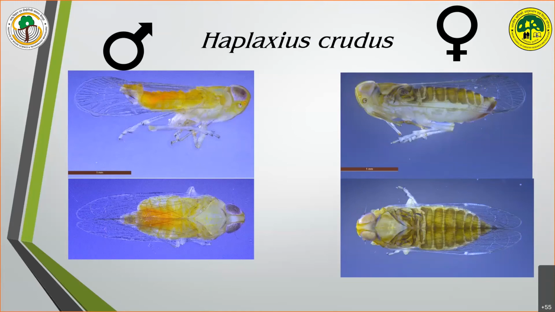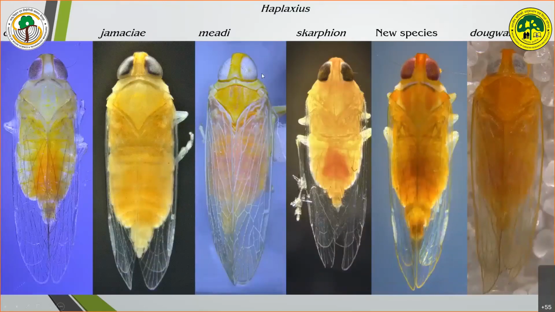So one of the things that I noticed, and that has made me concerned and interested in the vector relationship, is that there are a large number of species that look very similar to Hypaxius crudus.